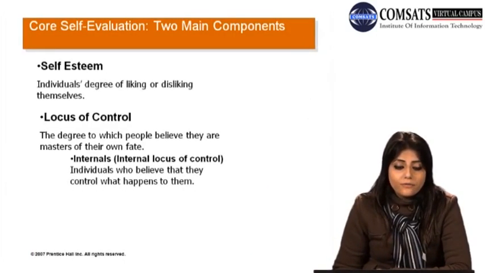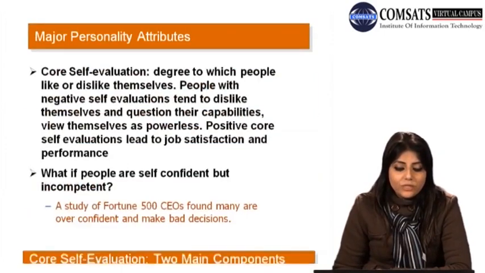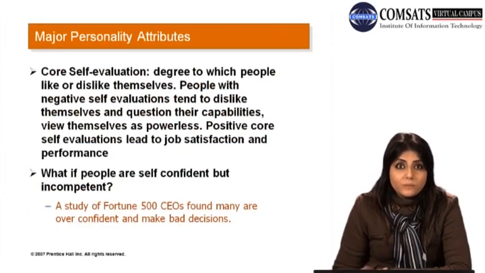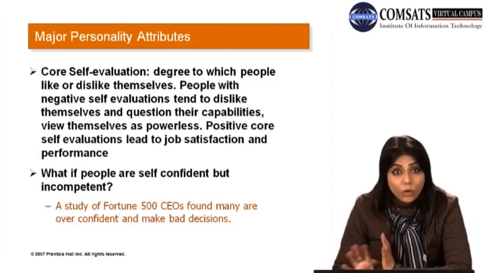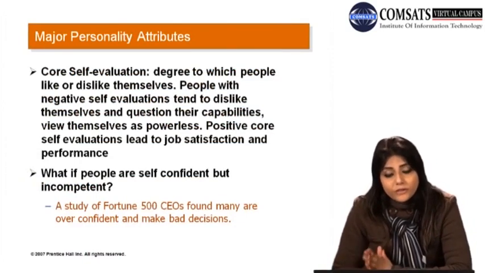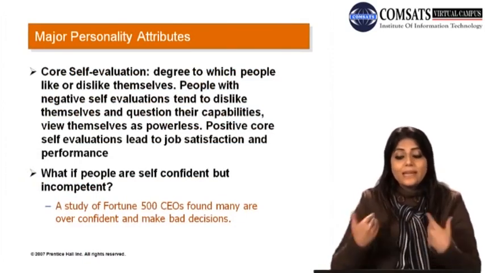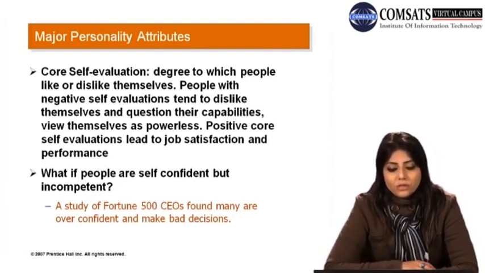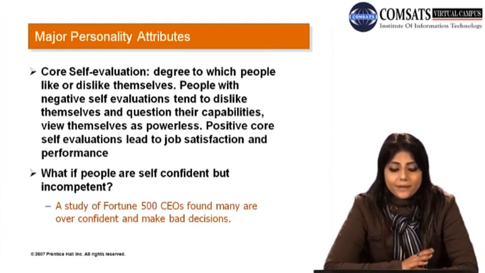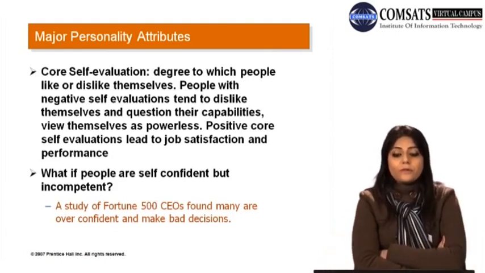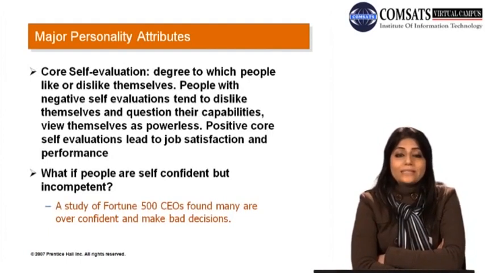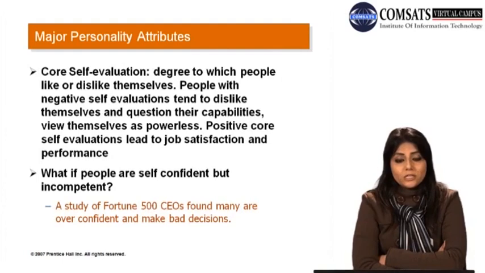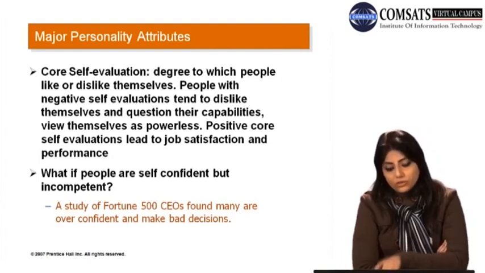So if we go back to the previous slide, we see that people who have positive core self-evaluations are really confident, really positive about themselves, they like themselves, compared to individuals who have negative core self-evaluations. A study of Fortune 500 CEOs showed that people who have positive core self-evaluations tend to be overconfident and tend to make bad decisions, right? So that is interesting.